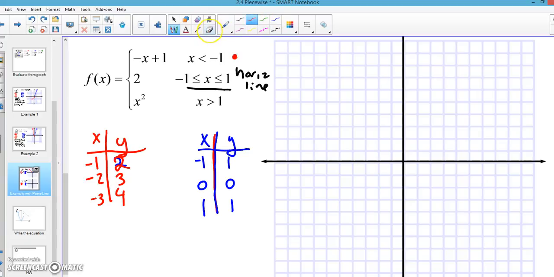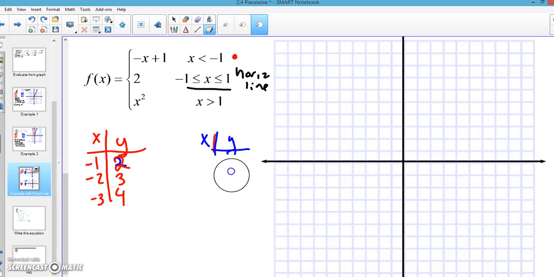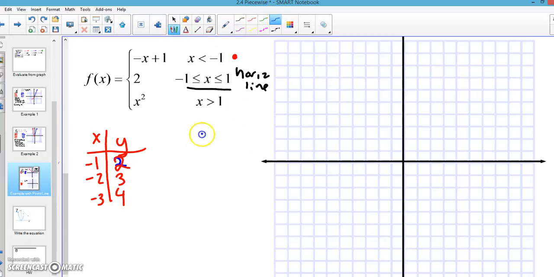The blue function I will need to adjust a little bit because that is now greater than 1, then +1. Okay, so 1, 2, 3, 4, 9.